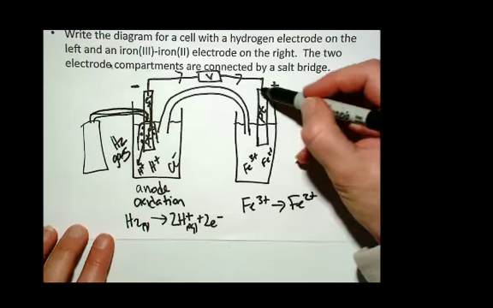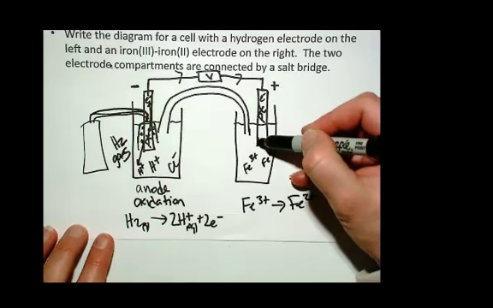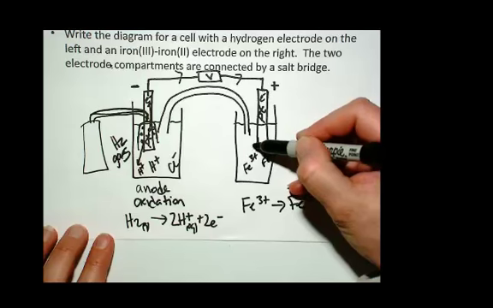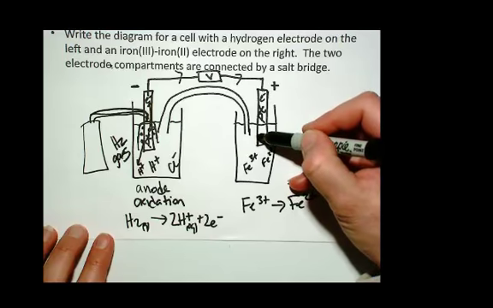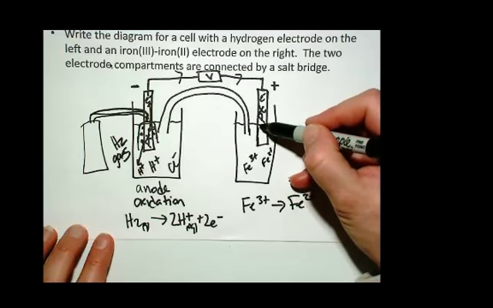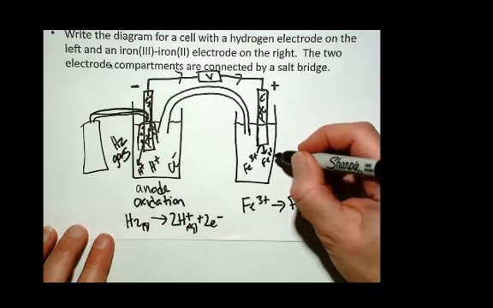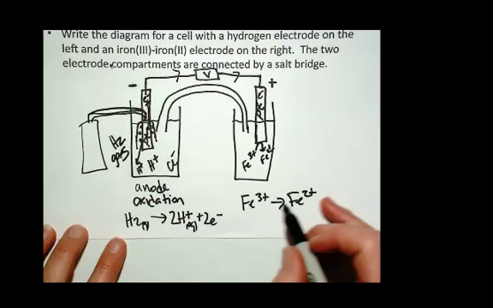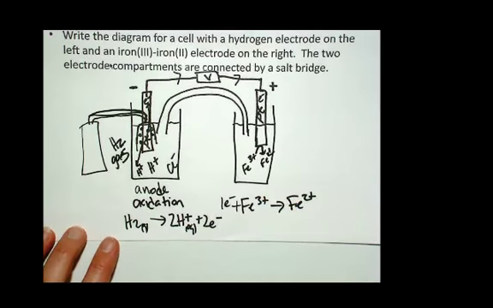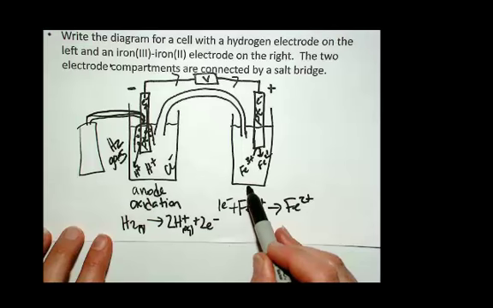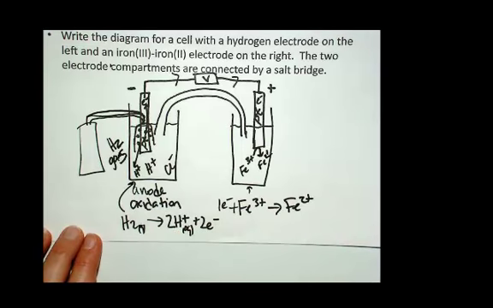The electrons are going to make their way across the wire and down here. When an iron 3 plus ion comes near this surface, it's going to pick up one of those electrons and be converted into iron 2 plus. That's a reduction, a gain of electrons. So this is the half reaction that's going on here, and this is the half reaction that's going on there.